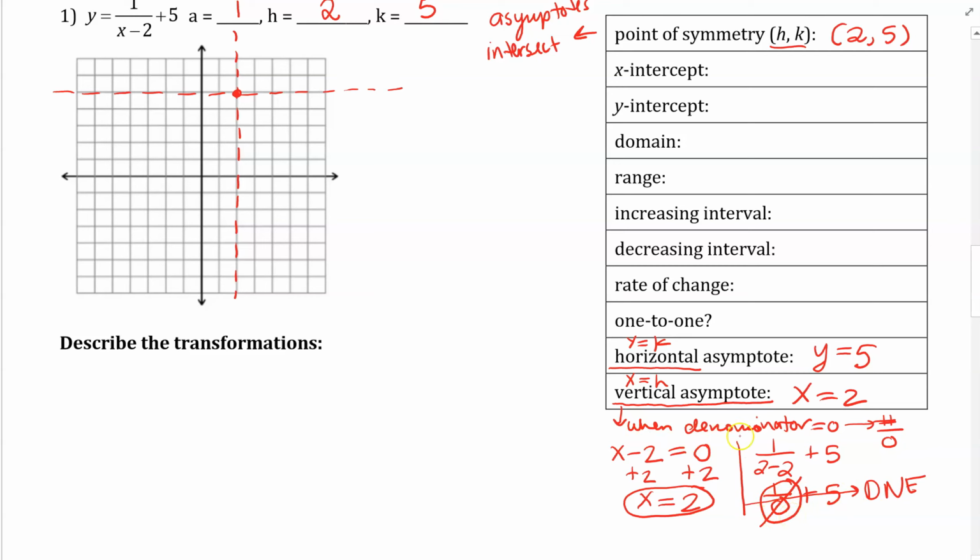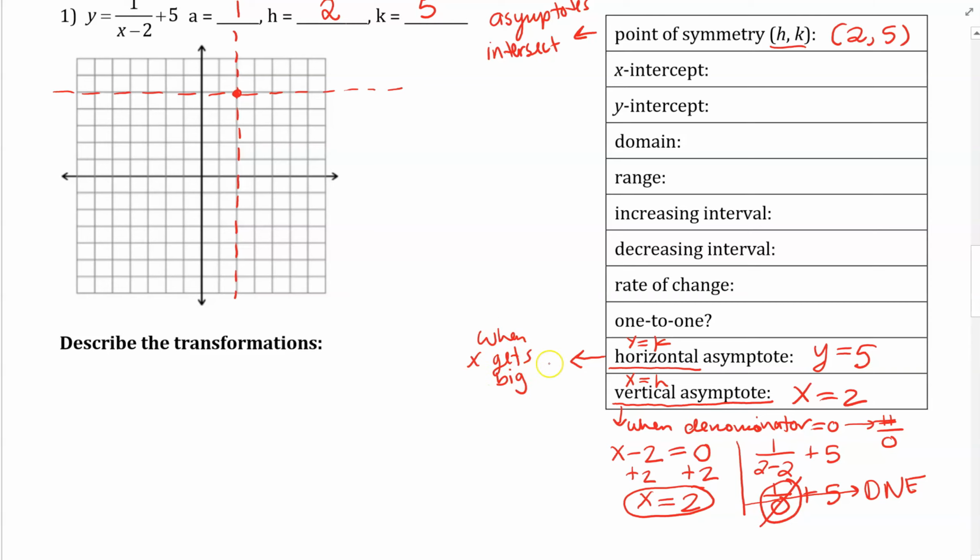So when the denominator equals 0, that's where you'll have your vertical asymptote. And because h is always the number being subtracted from x in the denominator, that's why h always ends up being the value that causes the denominator to be 0, which is why it's our vertical asymptote. So this is the whole x gets small relationship causing that vertical asymptote. The horizontal asymptote is caused when x gets big.